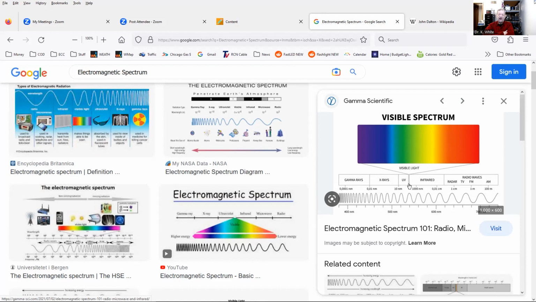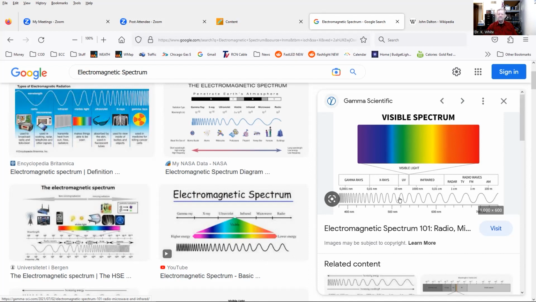I don't know if you remember from high school, I learned, Roy G. Biv, going from red, orange, yellow, green, blue, and violet. And here's the visible spectrum.